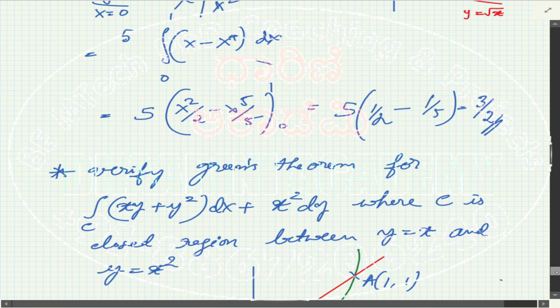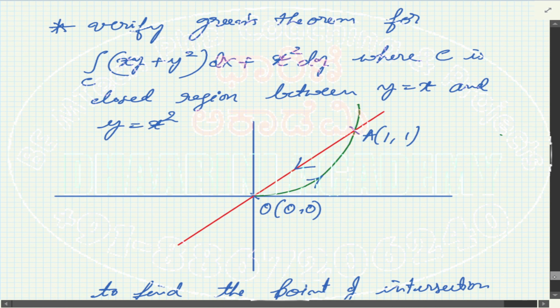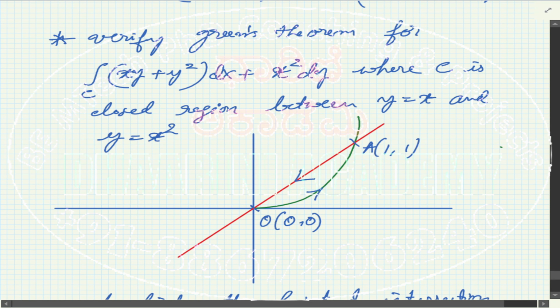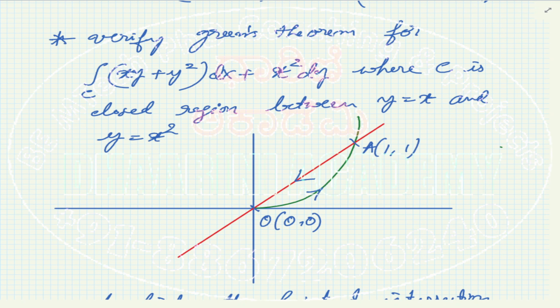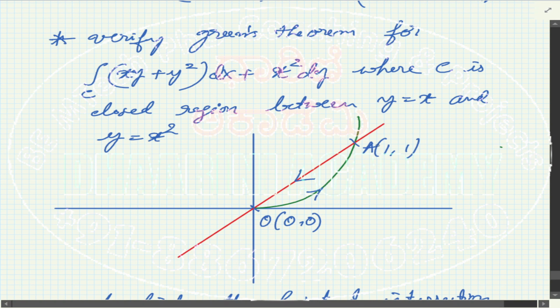So looking at the curve, I know that I have two options to travel from O to A, but we choose the one which is on the y equals x squared curve first. So using y equals x squared, we reach from 0 0 to 1 1, right?